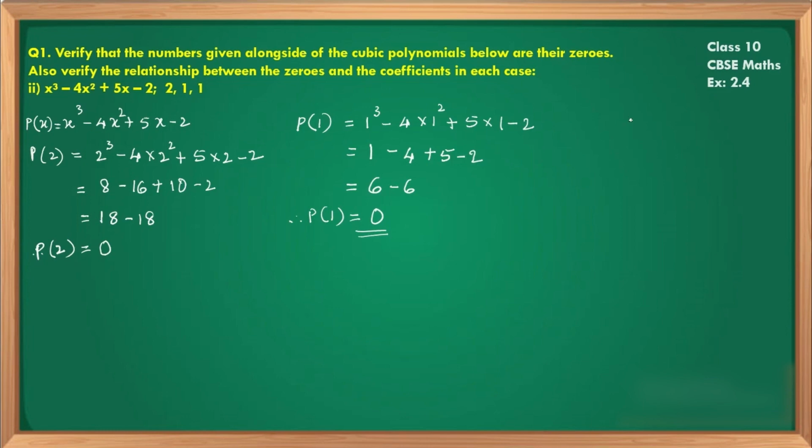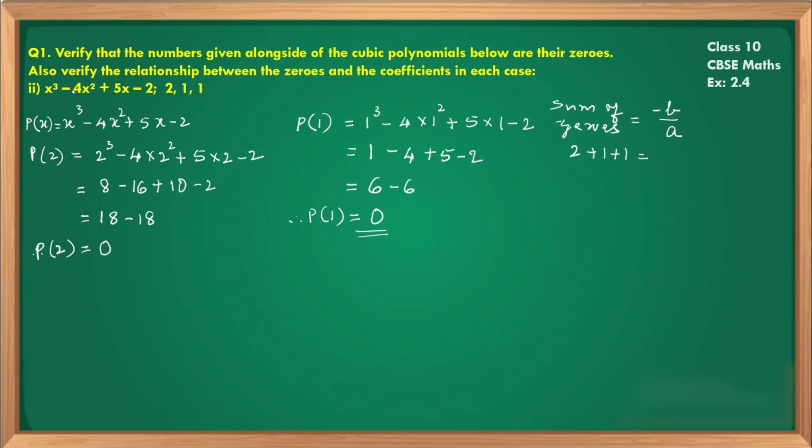The first stage is, we'll write down here, sum of zeros is equal to minus b by a. Now we have 3 zeros, 2, 1 and 1. 2 plus 1 plus 1 is equal to minus b. This b and a we take from the polynomial itself.